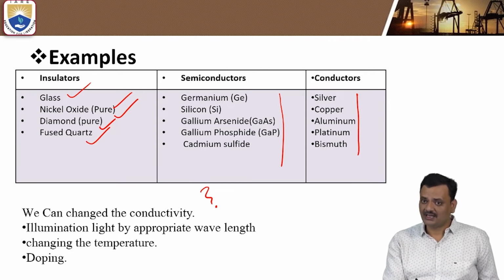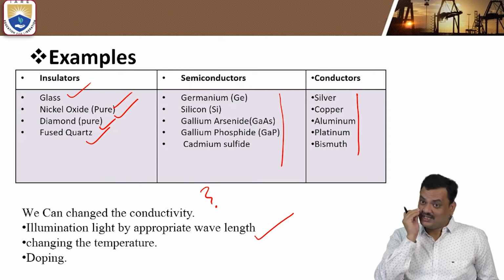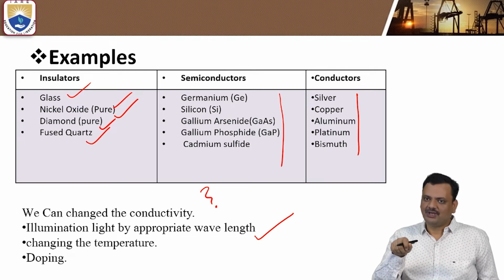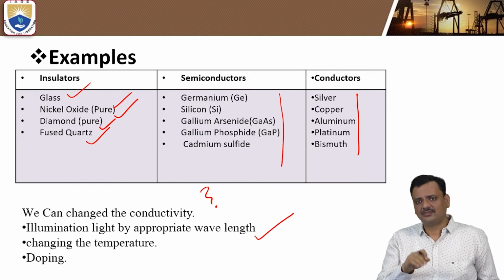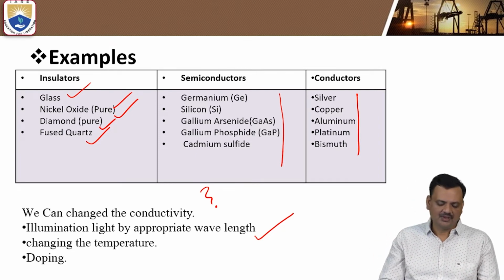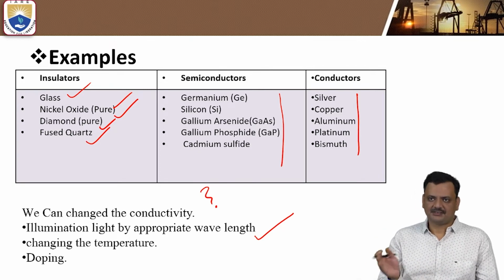How can we change the conductivity? By illumination with light of appropriate wavelength. If we irradiate the semiconducting material with light of appropriate wavelength, it will definitely show varied conducting nature.